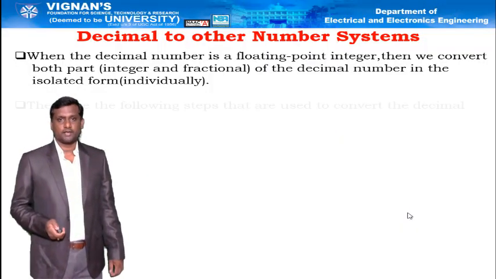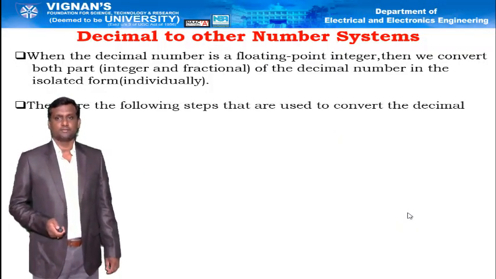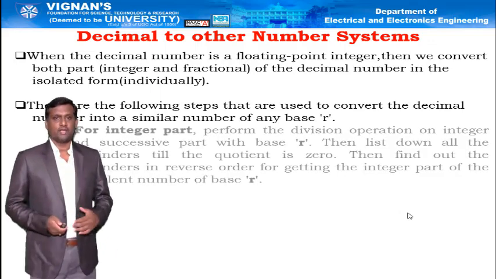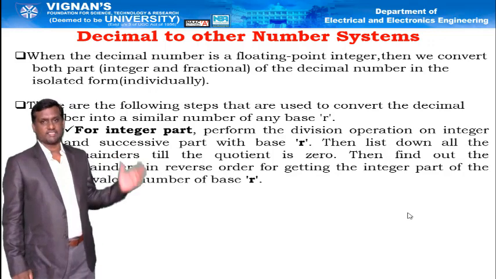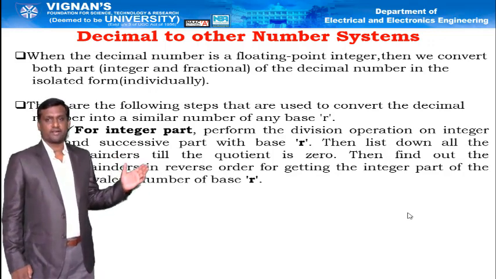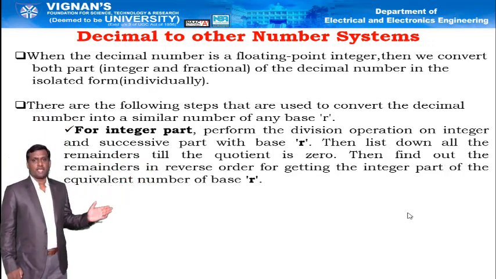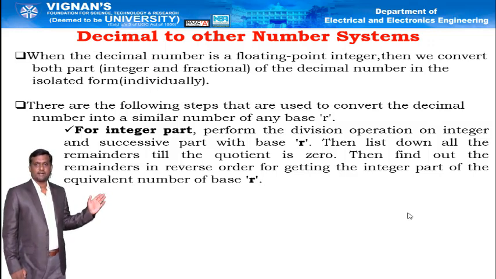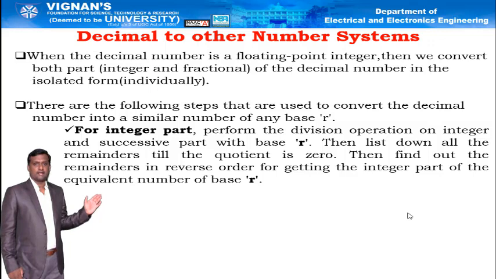Next one, conversion of a decimal number into other base systems. We have to follow some steps for conversion of a decimal number into any base system. First, for the integer part, perform the division operation on the integer and successive quotients with base r, then list down all the remainders till the quotient is 0.